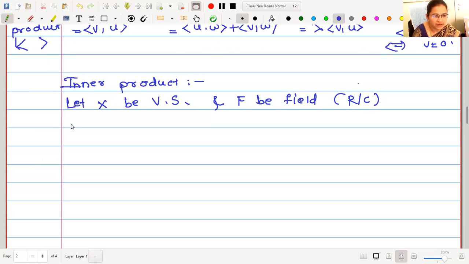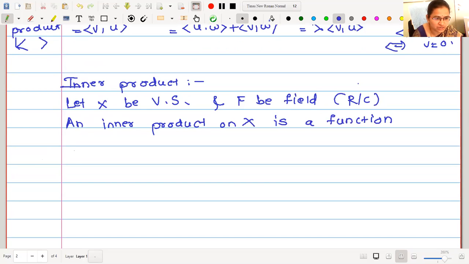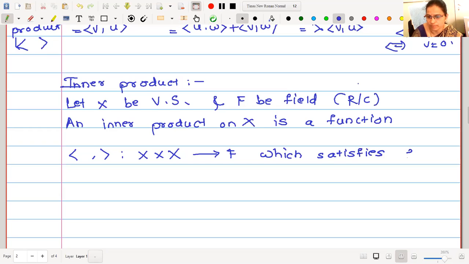Then an inner product on X is a function, denoted by angle brackets, from X cross X to the field, which satisfies the following properties.